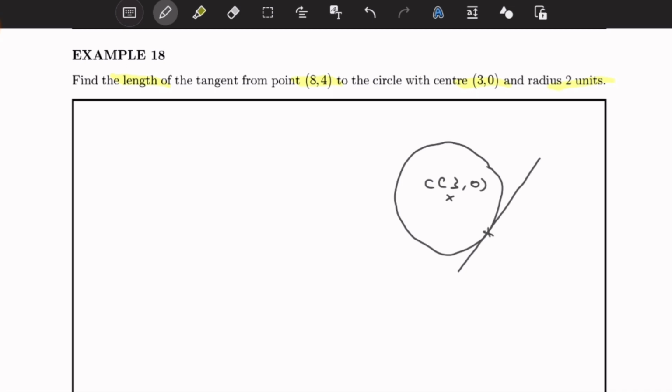Here is the touch point, I name it as A. And this is point (8, 4), let's name it B. If we connect everything, we will get a right angle triangle. We don't have a problem finding the length BC, so let's find the length BC.